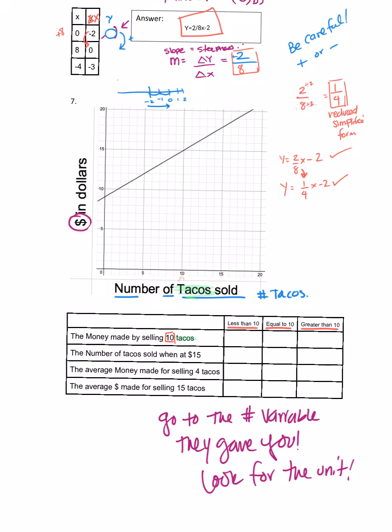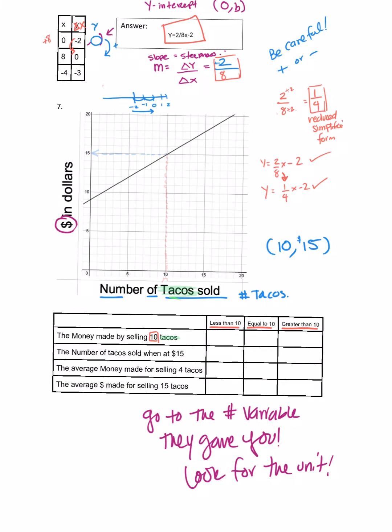There it is. Now, remember these are relationships. 10 relates to who? 10 relates to 15 tacos. $15. So 10 tacos relates to $15. So the money, $15, is that less than 10, equal to 10, or greater? Greater.